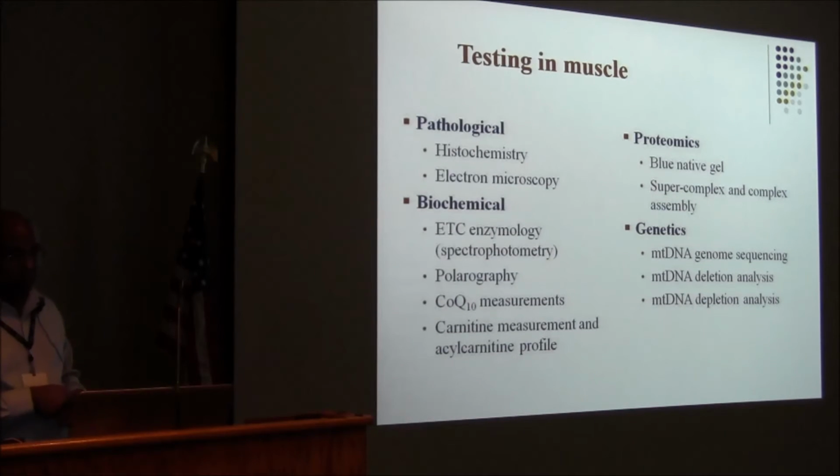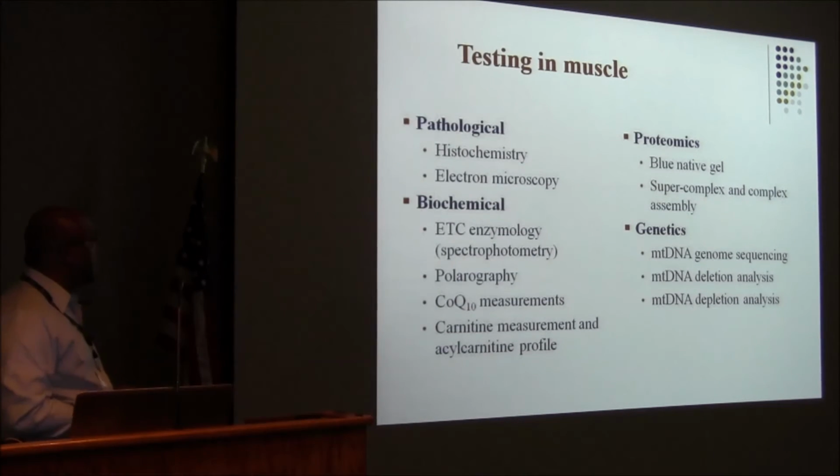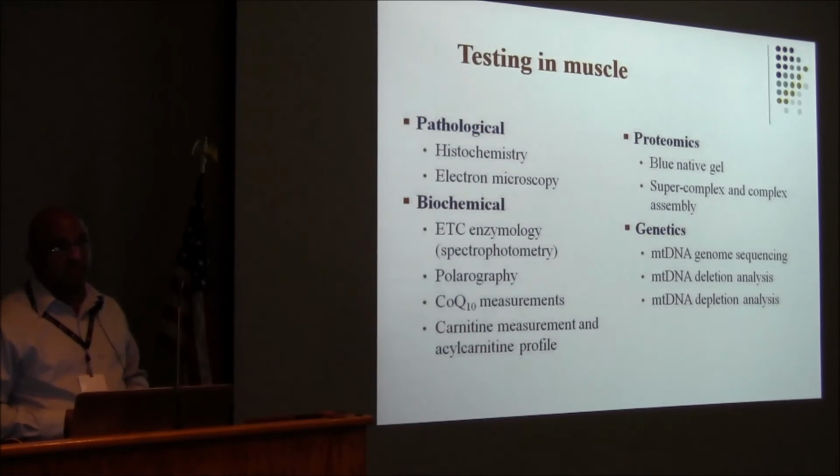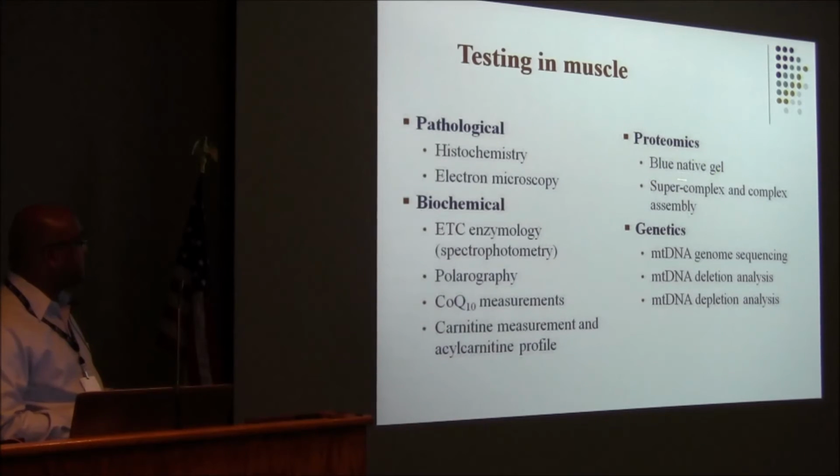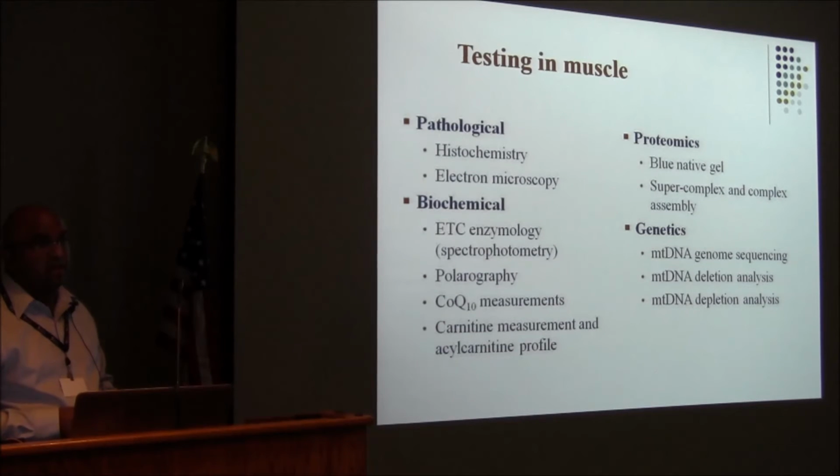And when it comes to proteomics, these are mostly research type tests. No diagnostic lab offers them. It's the blue native gel electrophoresis. It's basically a native gel looking at the complex formation.